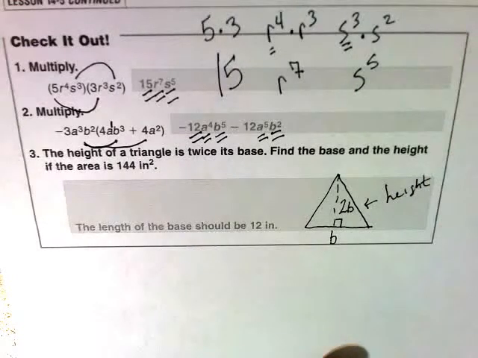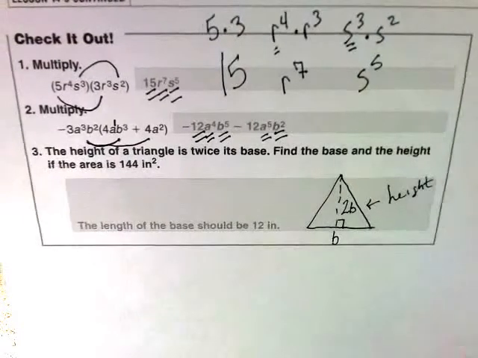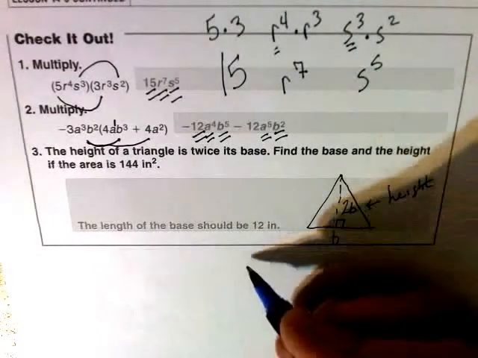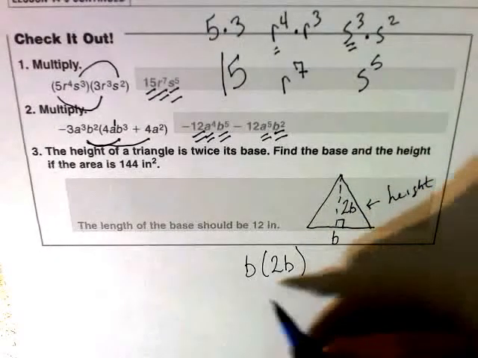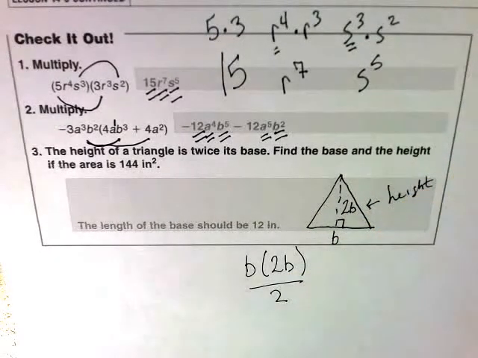Now, the formula for the area of a triangle, which is what we're going to have to use here, says we take the base times the height, so b times 2b, and then we divide that by 2. And here we're told at the end of the line that the total area is going to equal 144.